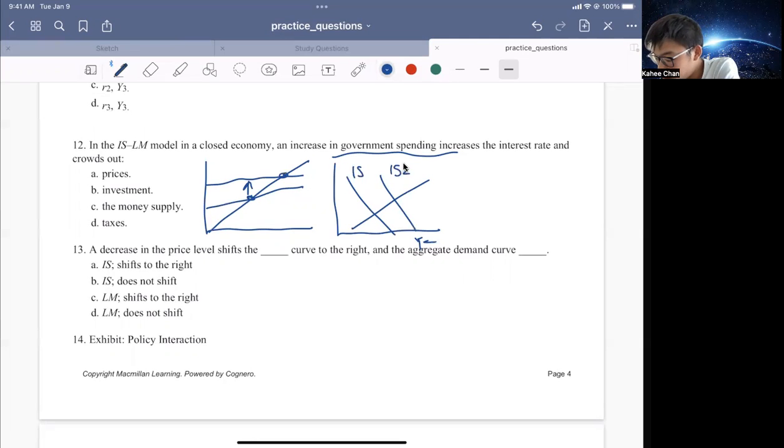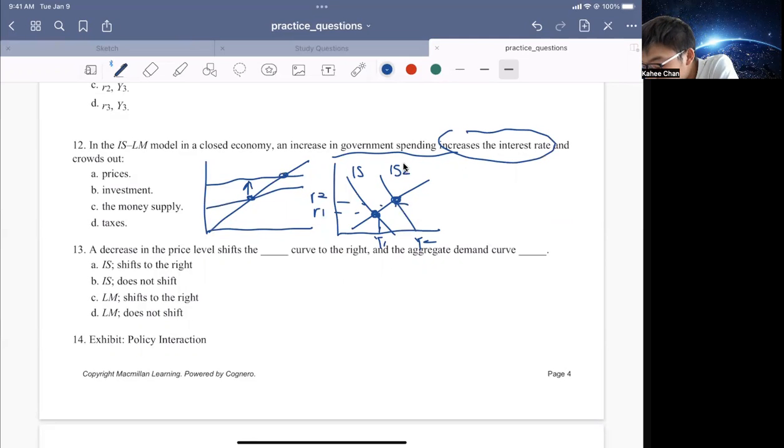Here we can see an increase in both interest rate and Y2. This is the general idea.